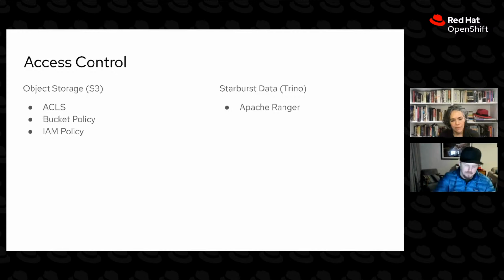So if you wanted to mask a card column or a social security number column or something like that, you would have to do that with a policy enforcement point, which could be anything, but oftentimes it's a query engine that has some sort of plugin with richer access control semantics that take into account tabular data as opposed to object data.